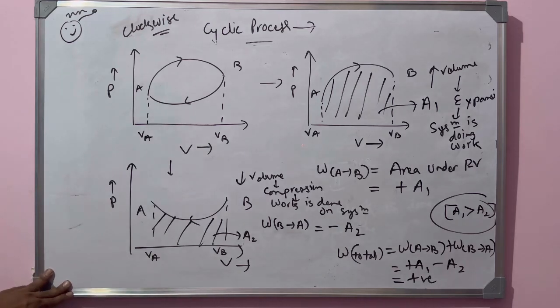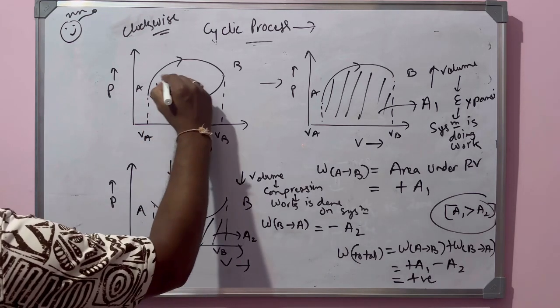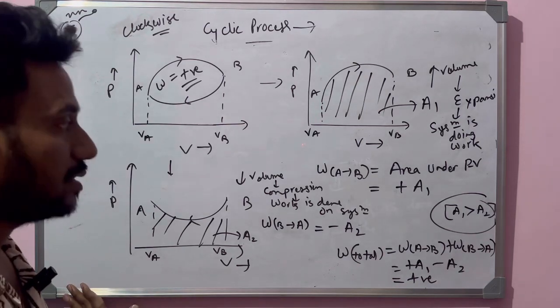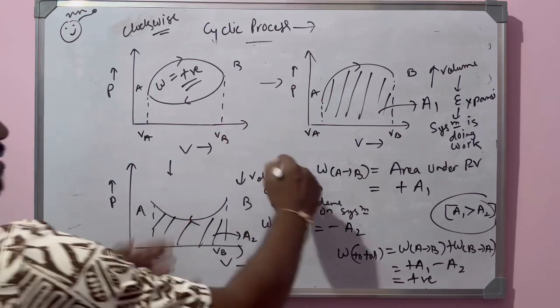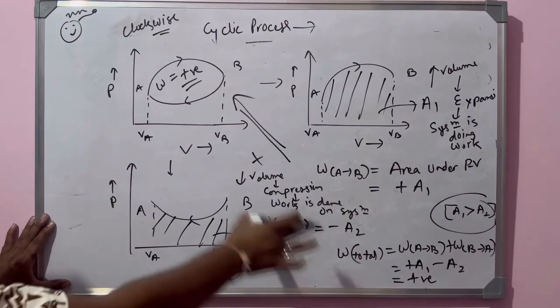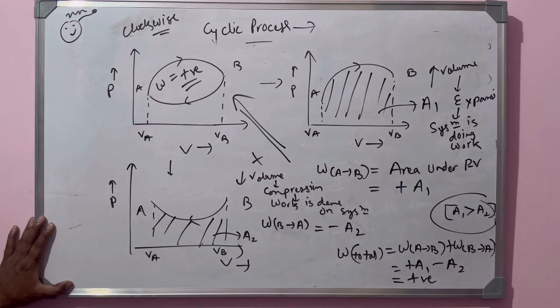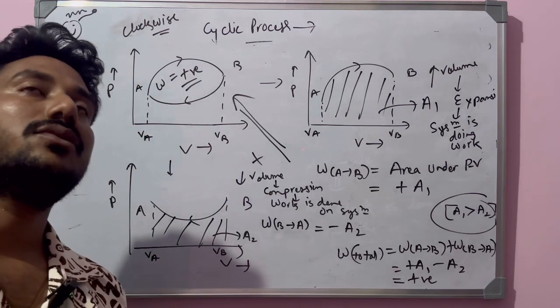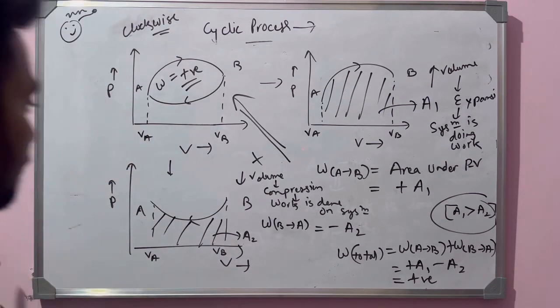So total work done will be some positive value, right? So work done will be positive. Clear? समझ में आया? Logic is very simple. है ना? Now if you combine these two graph, you will get this graph only. इसीलिए work done total will be some positive value. Clear? Okay. Similarly, you can understand for anti-clockwise.